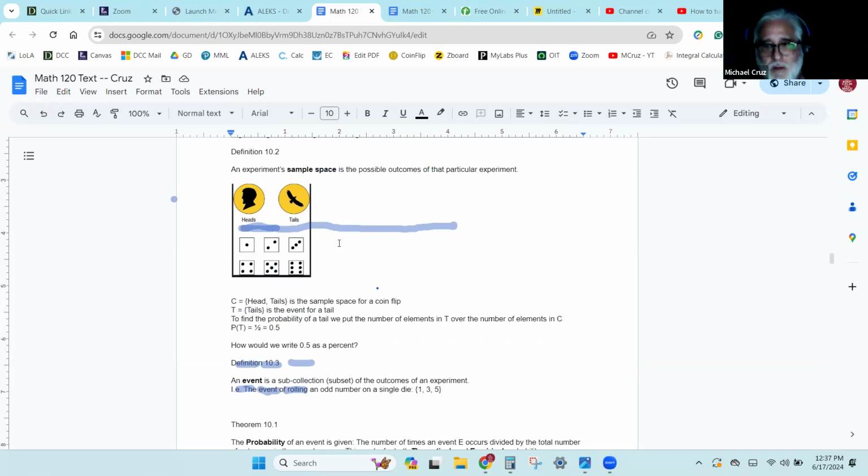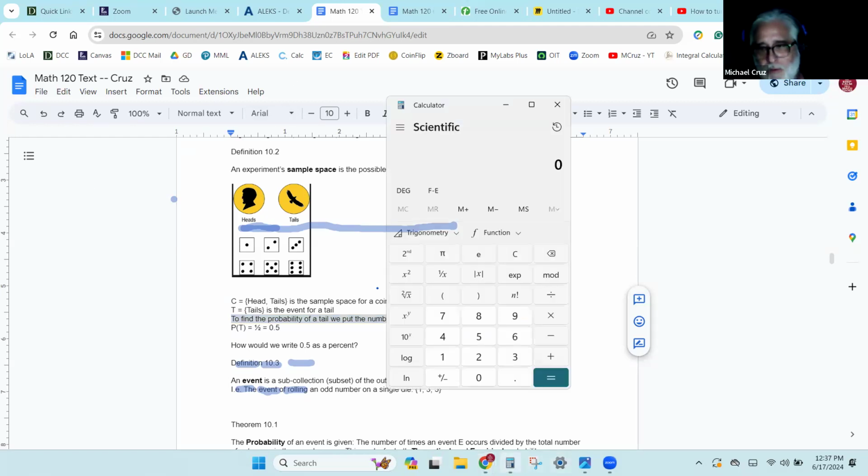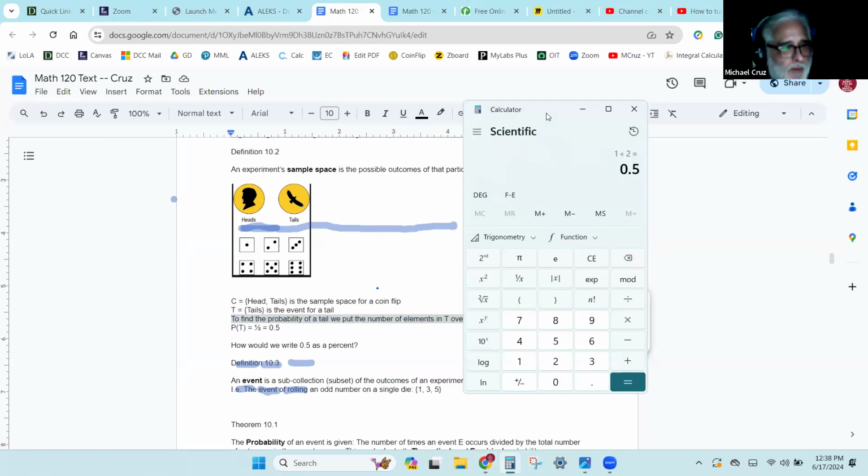So to find the probability of a tail, we put the total number of elements in the denominator, the 2, and then there's only one tail on the coin. So 1 over 2, or when we simplify it down to 1 divided by 2, that gives us the 0.5. Now just remember, for percent, you multiply times 100.